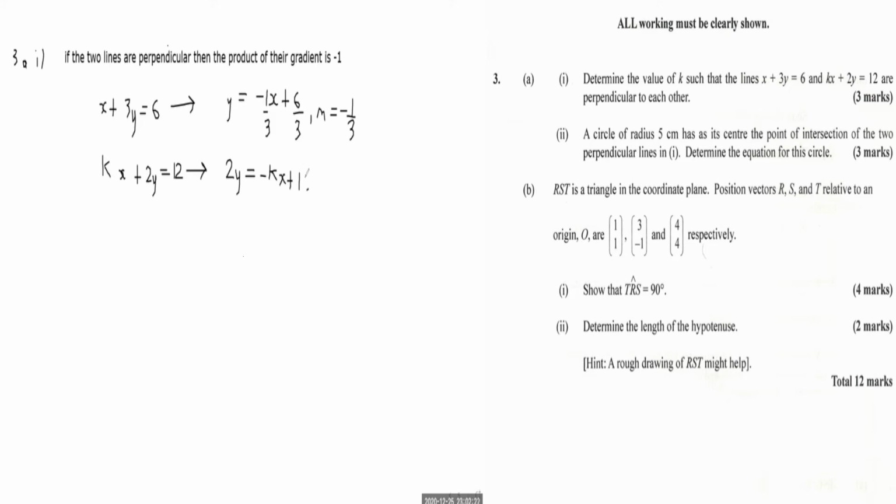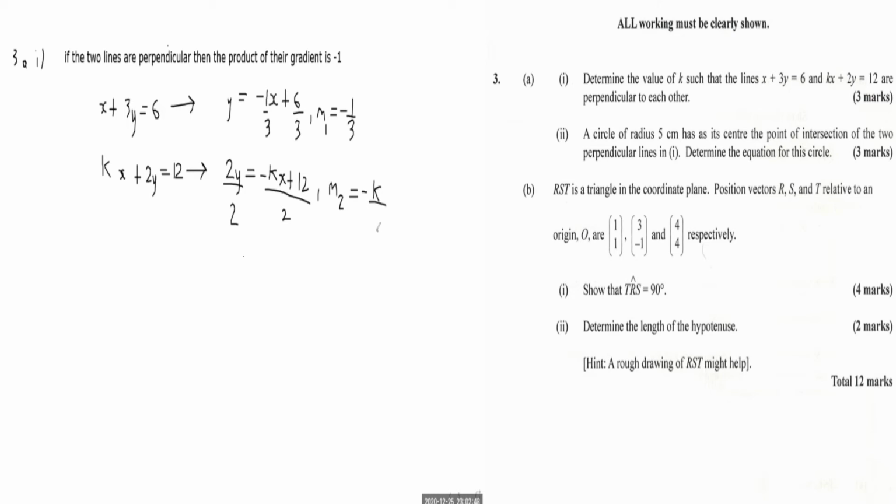And so all you need to do now is divide both sides by 2. And what does that tell us? That tells us that this is m1 and this will be m2. And so the gradient is minus k over 2.